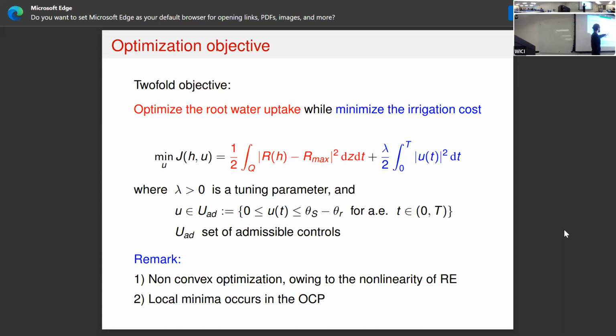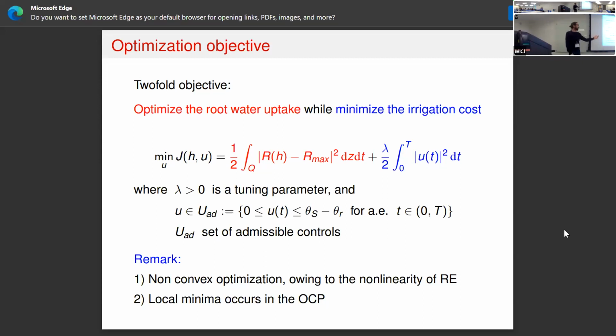And this is one objective. And then the second one, well, we want to achieve this while minimizing the irrigation cost. Okay, the cost of, well, the irrigation effort, if you want. Okay, and well, in these two objectives, so if you just want to optimize the irrigation cost, just set the irrigation to 0, but that will not improve our water uptake.